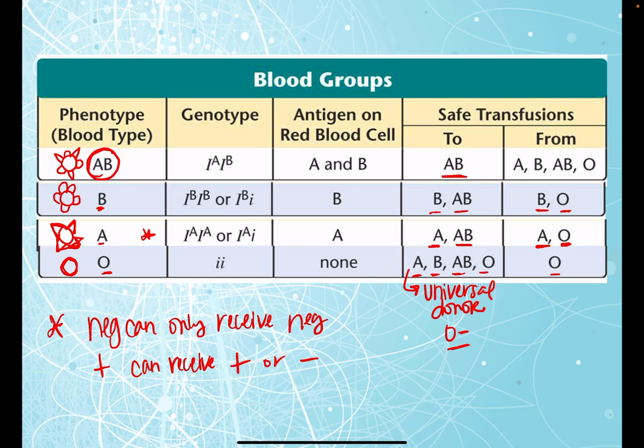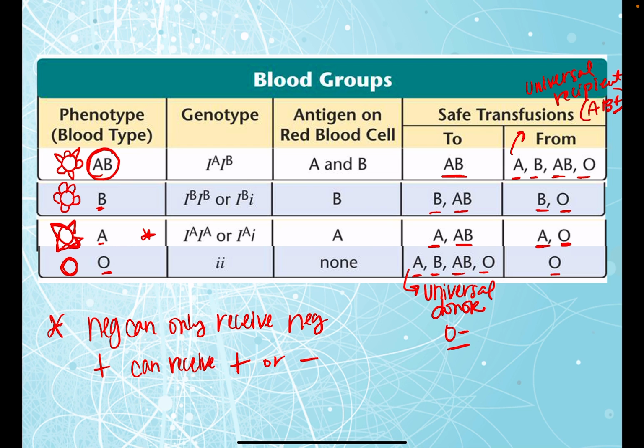That's considered foreign and their body would try to reject that blood, okay? However, AB can receive blood from all 4 types. So they are called the universal recipient. And specifically, AB positive is going to be more universal than AB negative. They could take any kind of blood at all.